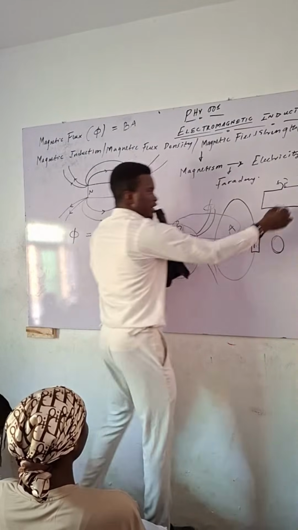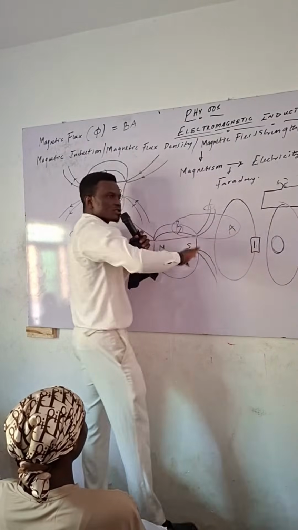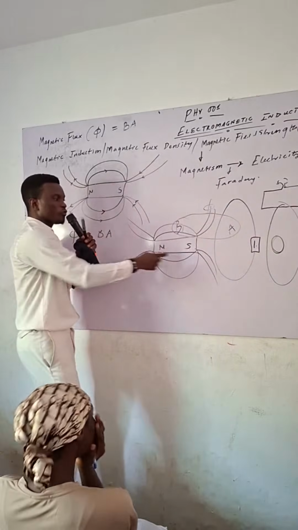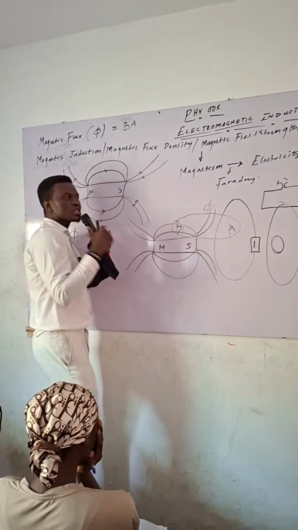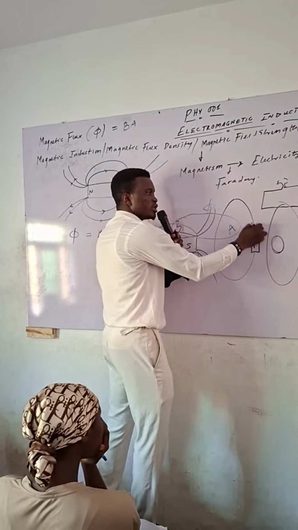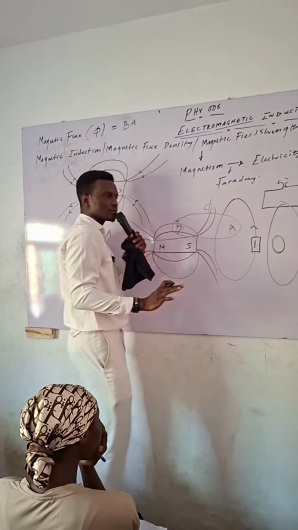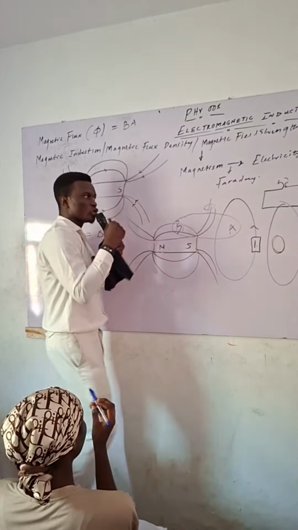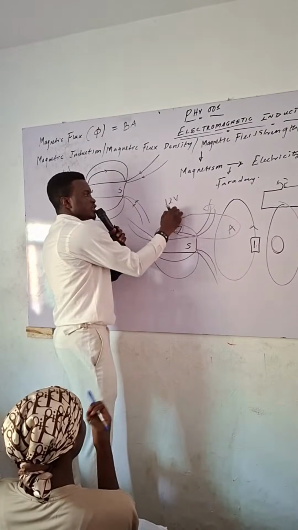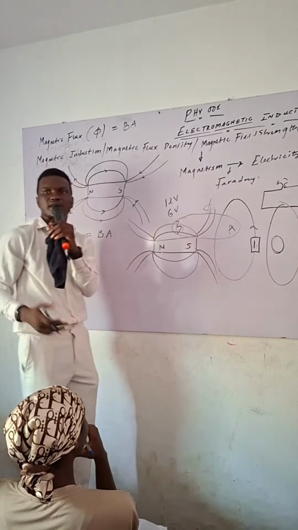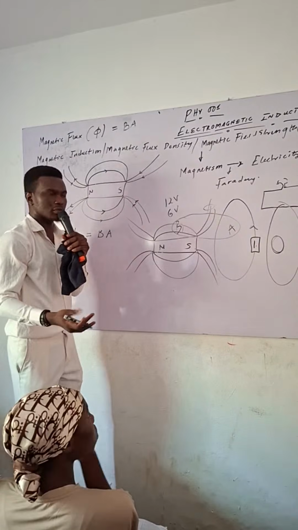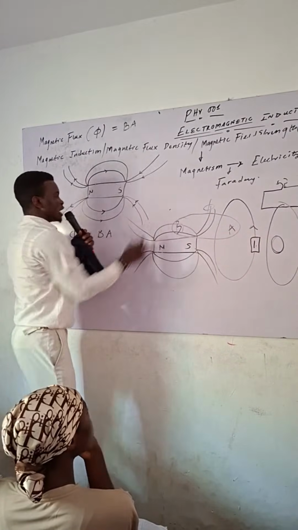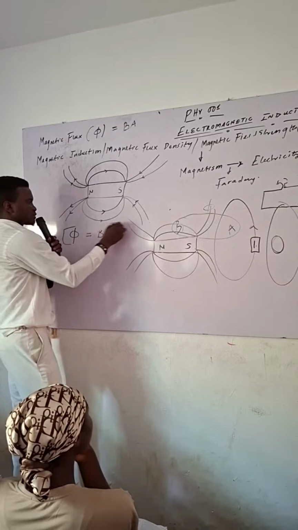If the coil is very big, then more of the lines will enter. And the number of field lines that are entering determines the magnitude of the current you will experience. If a battery is 12 volts and a battery is 6 volts, you don't expect them to work the same way.